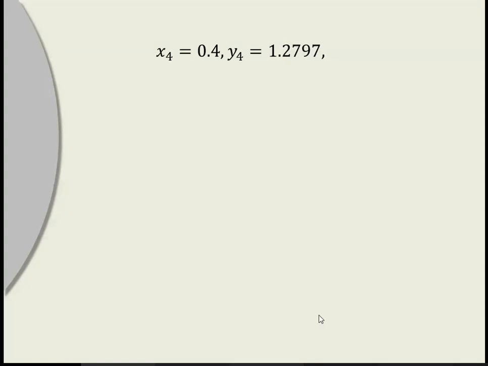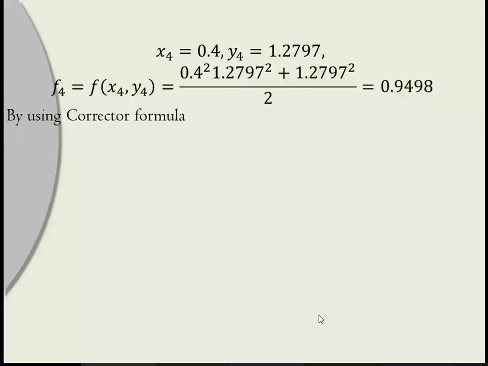And whatever value of f4 we get, use that new f4 to get new y4. Okay. So simplifying the terms, substituting the values, as the simple calculations we have to do, f4 will be 0.9498.